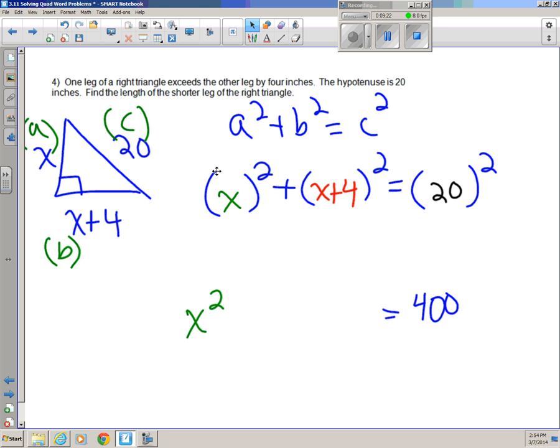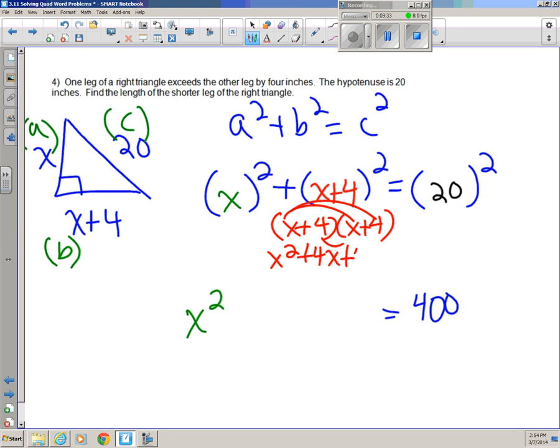What we now need to do is figure out what x plus 4 squared is. Here's where you have to FOIL. So it's x squared plus 4x plus 4x plus 16. So when leg B gets squared, you get x squared plus 8x plus 16.